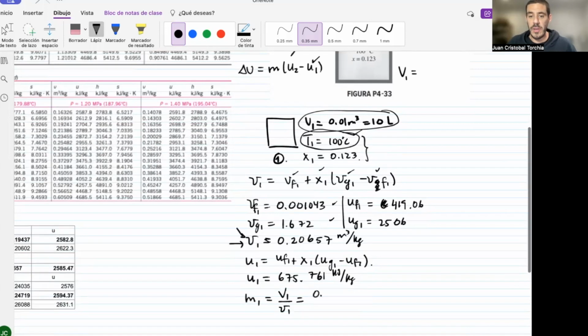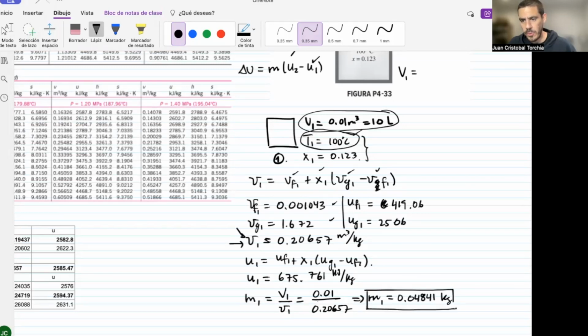Since I have everything, 0.01 divided by 0.20657, my answer for the mass, which will be the same in state two, is m1 equals 0.04841 kilograms, a very small amount in this 10 liter container.